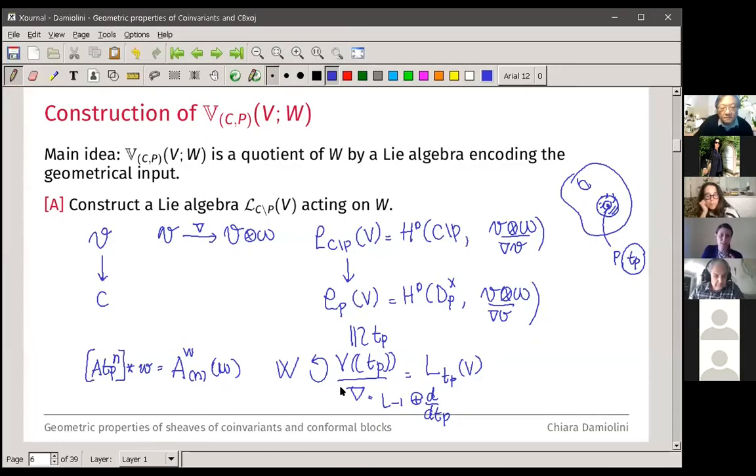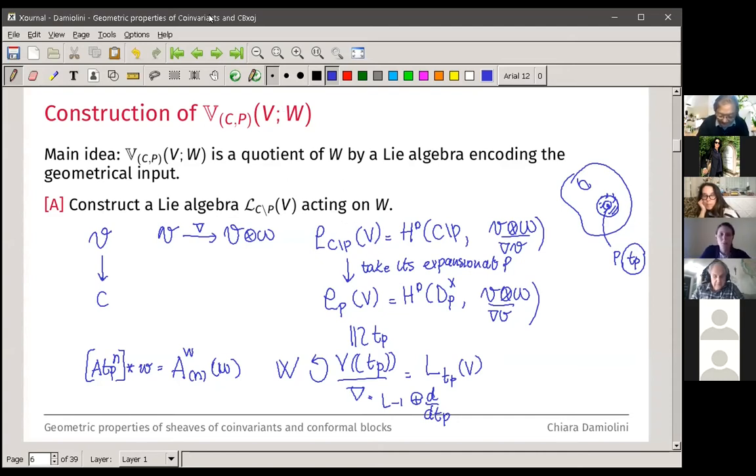But I know that, well-defined, everything which is in the quotient acts trivially. And so going backward, for every element of this space, I just take its expansion at the point P. I rewrite this function, I take its Laurent series, and I see how it acts.